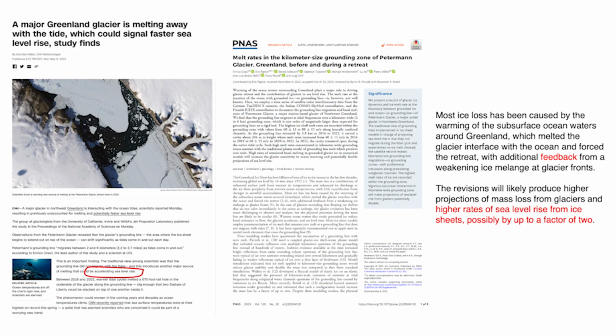This is a news bit that caught my eye a couple of weeks ago, and it was talking about faster sea level rise. So I went into the article, and sure enough, it mentions that the melting of glaciers might be accelerating the rate of sea level rise.